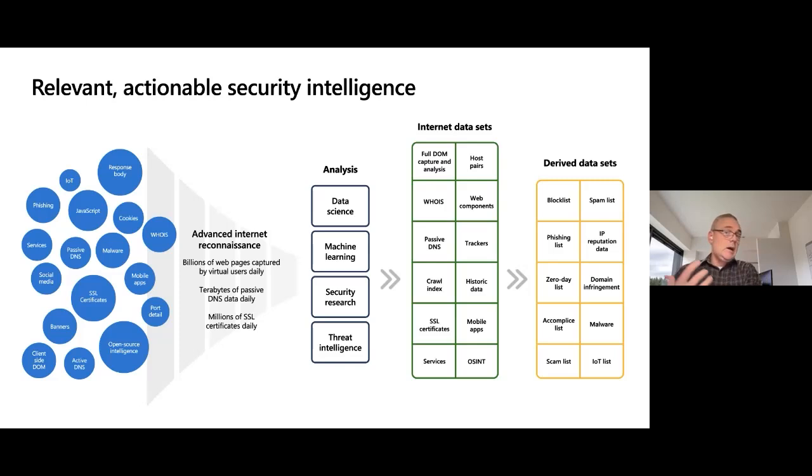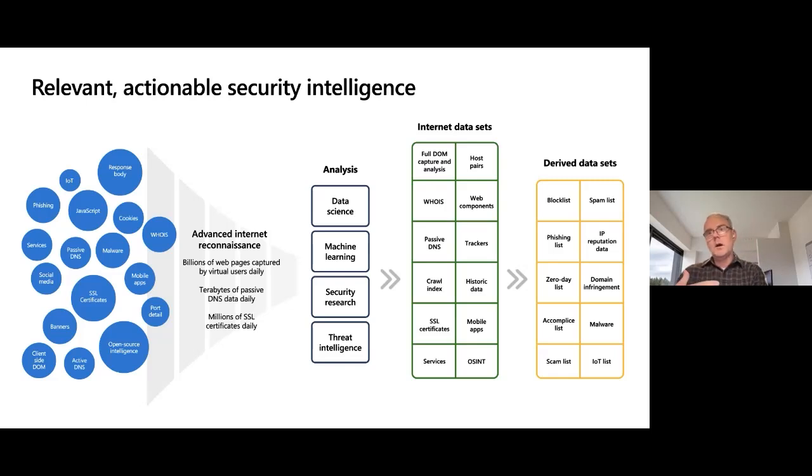Now, to be able to scale that, we really do need some solid core data science principles, but also some machine learning that can be layered in to help raise suspicion for our research and threat intelligence teams to say, hey, I'm seeing something new. Let's probe into this a little bit further. Really, what is this? But then we take that a step further and do full security research.